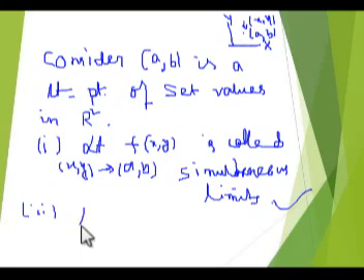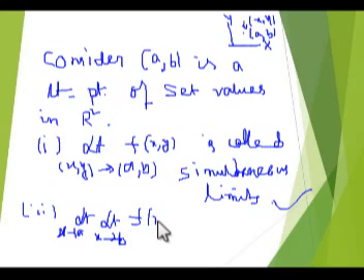There will be two limits applicable on the same function: limit x tends to a and limit y tends to b, where f is a function of two independent variables.